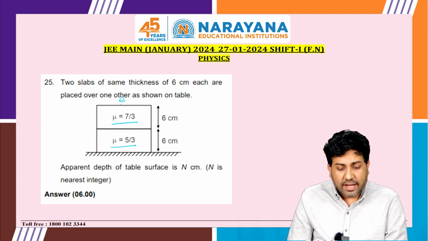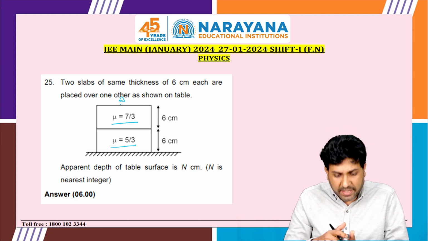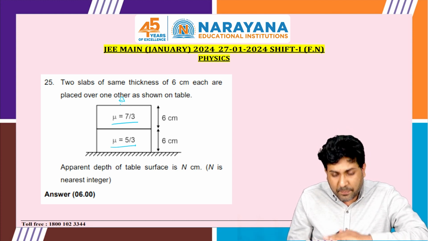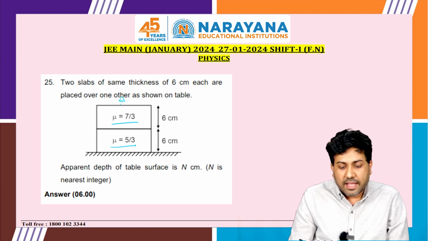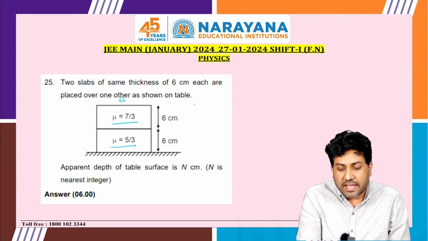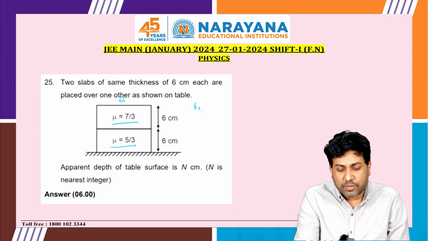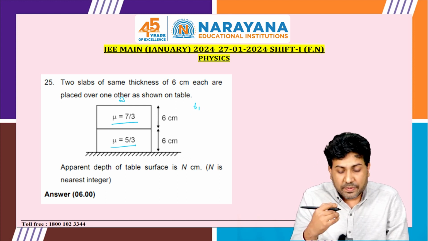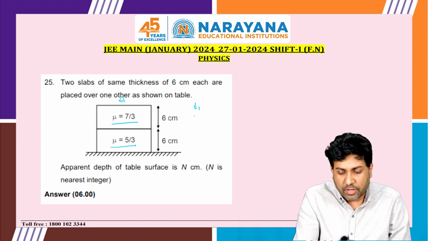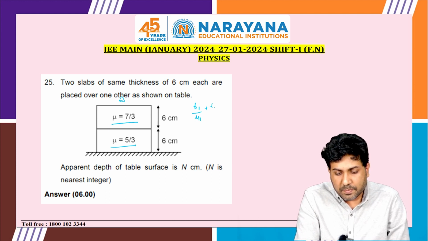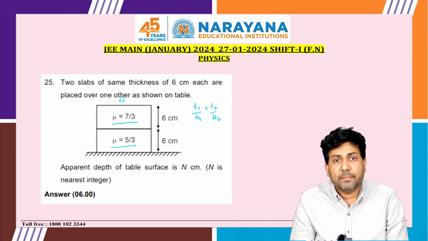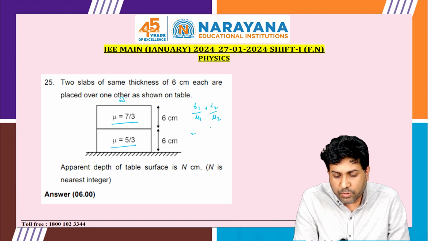So you know that when the object is in the denser medium, the object appears to be shifted up, right? And the apparent depth, by formula, if you remember, is T by mu. But here there are two slabs, so I'll write T1 by mu1 plus T2 by mu2. This is the apparent depth. So T1 and T2 both are 6.